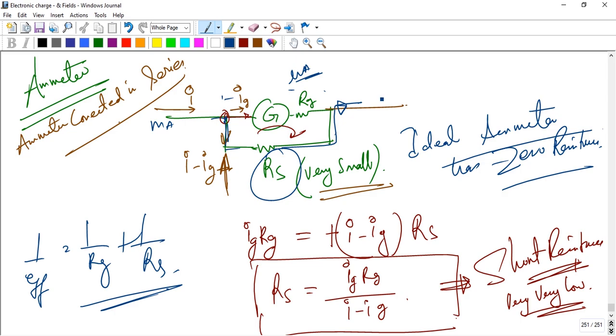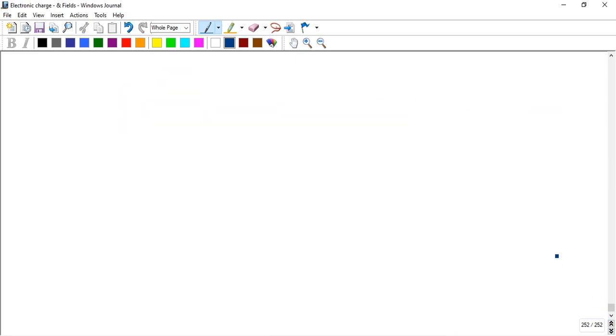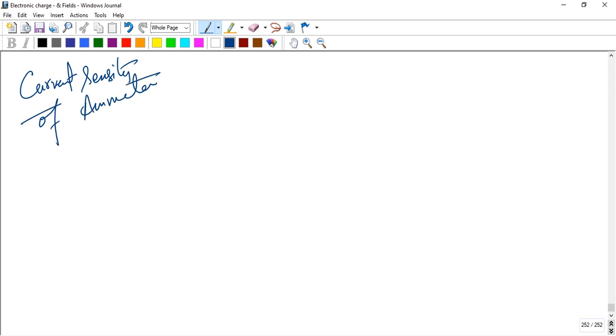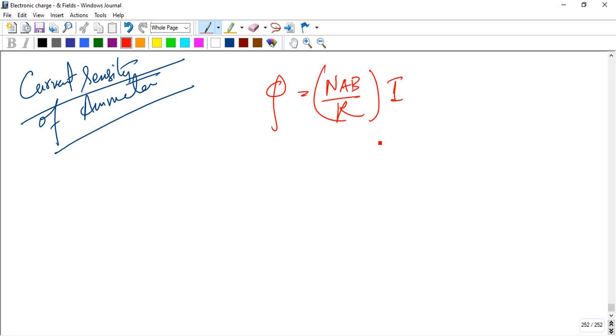So what is the current sensitivity of an ammeter? It is very easy. Deflection phi equals NAB by K times I. If there is more current, there is more deflection, and less current gives less deflection.